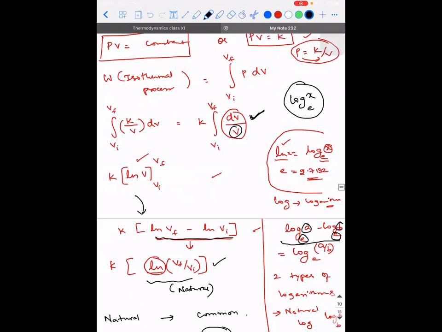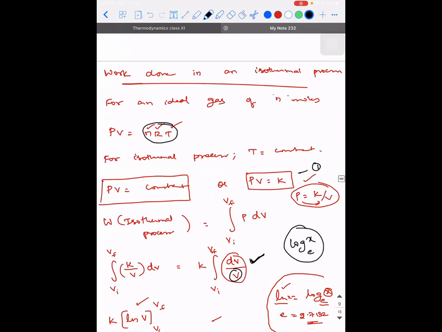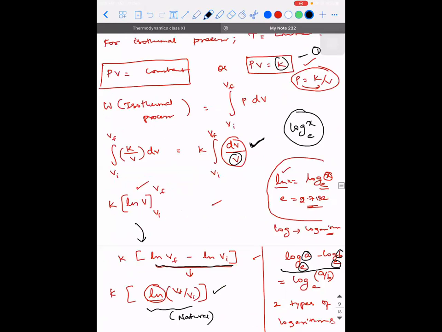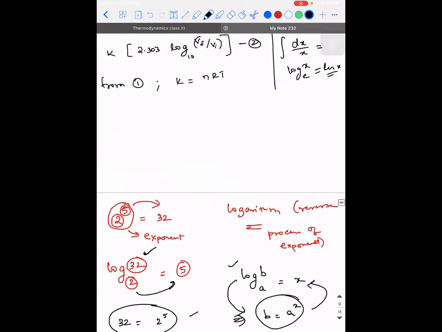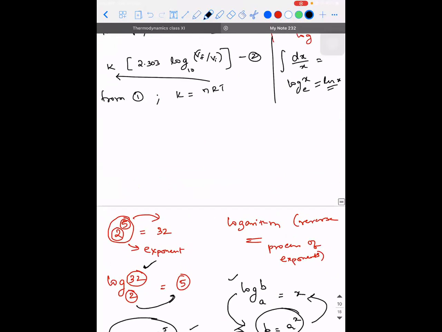PV is equal to nRT, that nRT is what I called a constant, and that's what I wrote as k. So if I substitute it here, it will become 2.303 nRT log of Vf by Vi base 10. And this is the formula for work done in isothermal process.